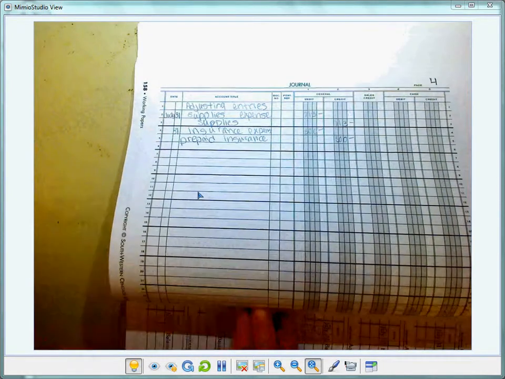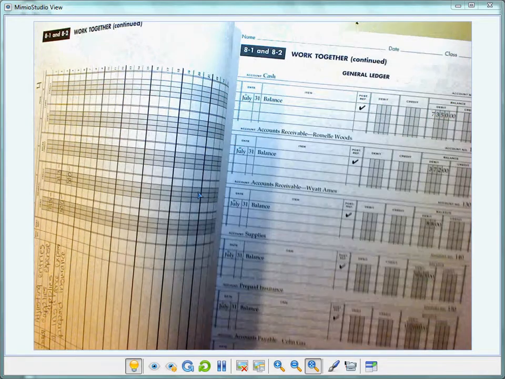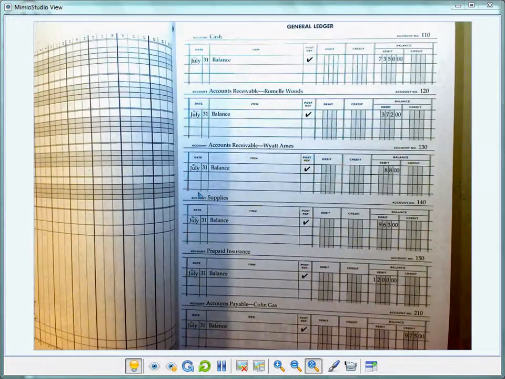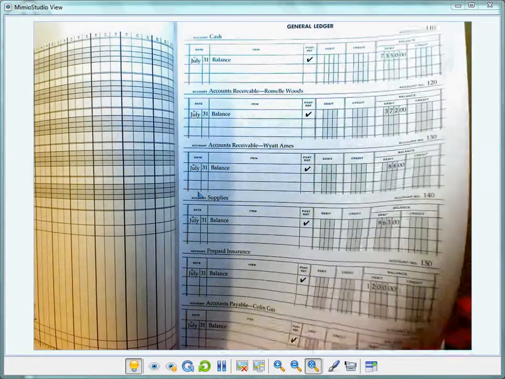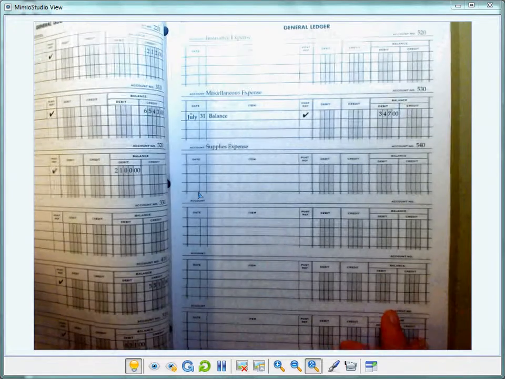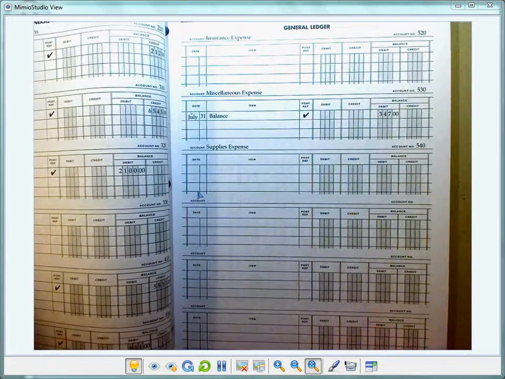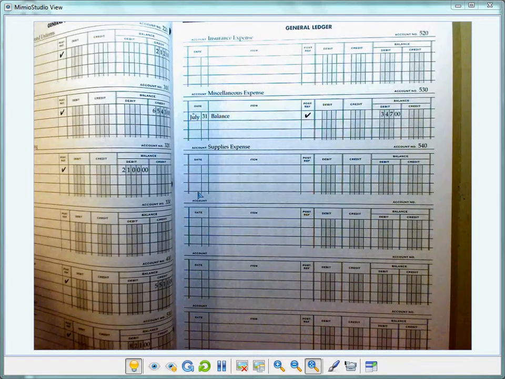Okay, now the last thing we have to do is post these. So we'll start out with our supplies expense. On the following page, what page is supplies expense on? Okay, so turn to 161.